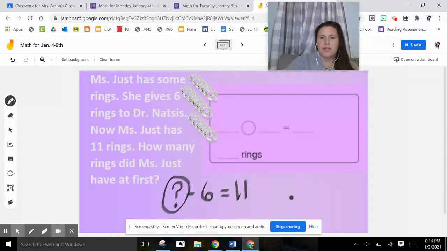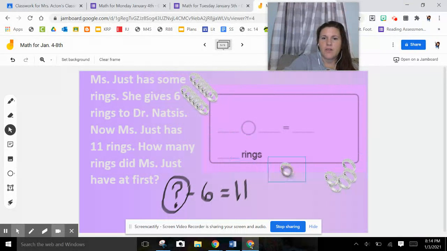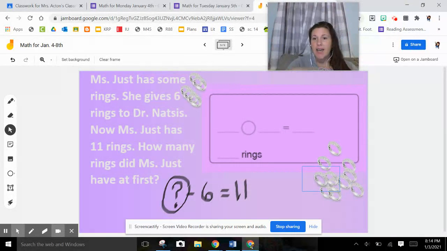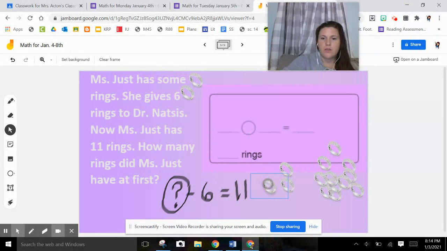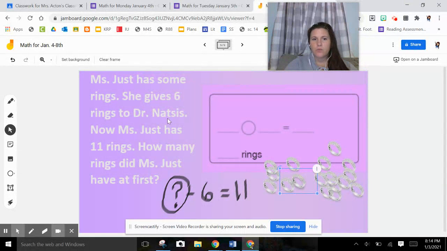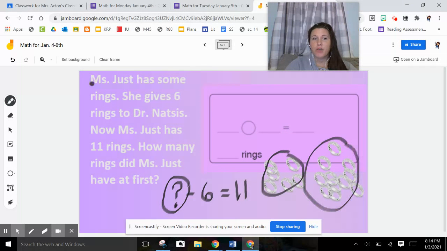Well, first let's show 11 rings. I'm going to grab the rings. So let's show 1, 2, 3, 4, 5, 6, 7, 8, 9, 10, 11. That's how much she has at the end of this. And then she took away 6. Here are the ones that we took away, and here are the ones that we have left over.